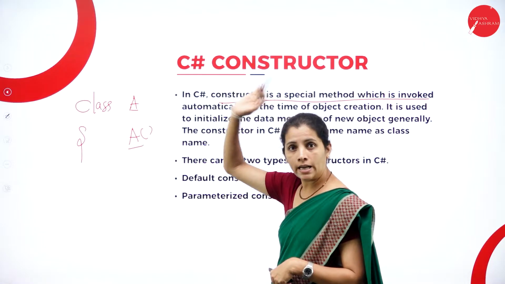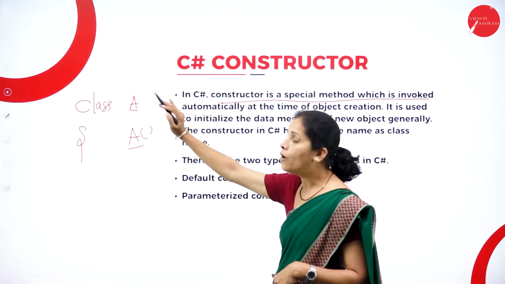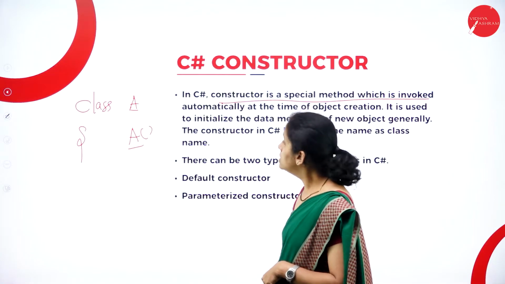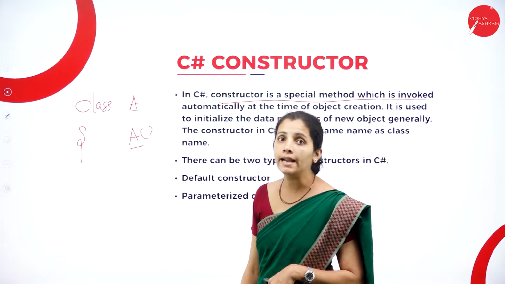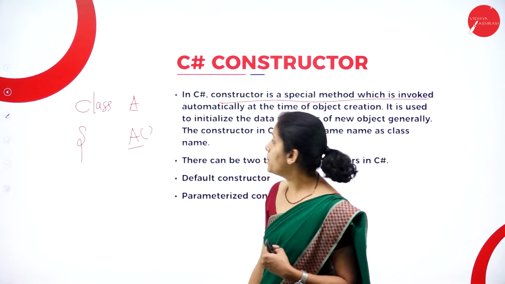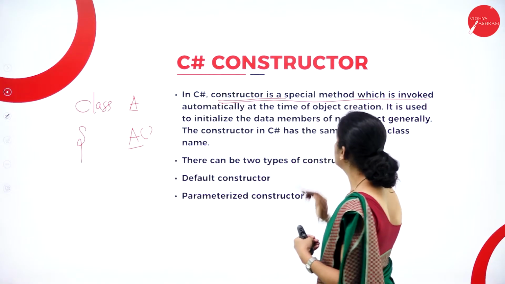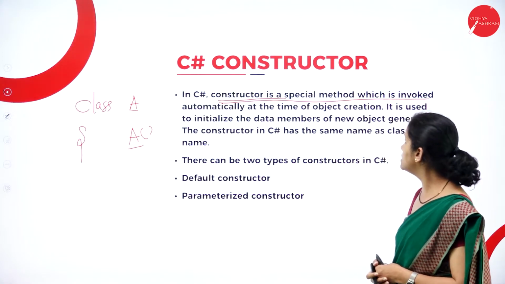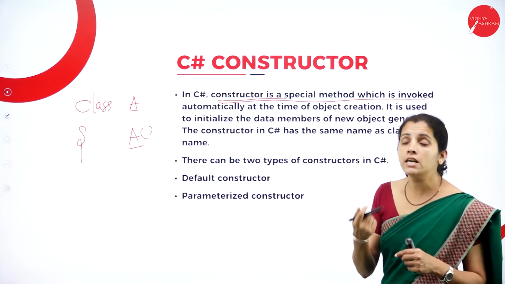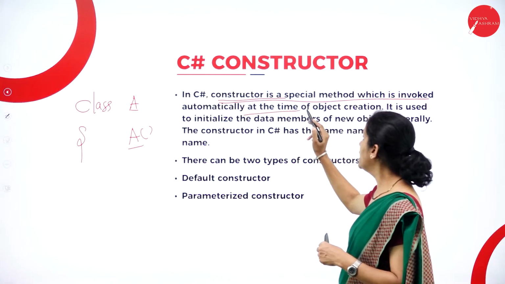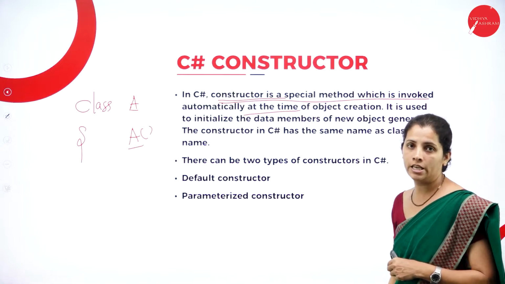And when I create the object of the class, the constructor belonging to that class gets invoked automatically. So a constructor is a special method which is invoked or triggered automatically at the time of object creation.